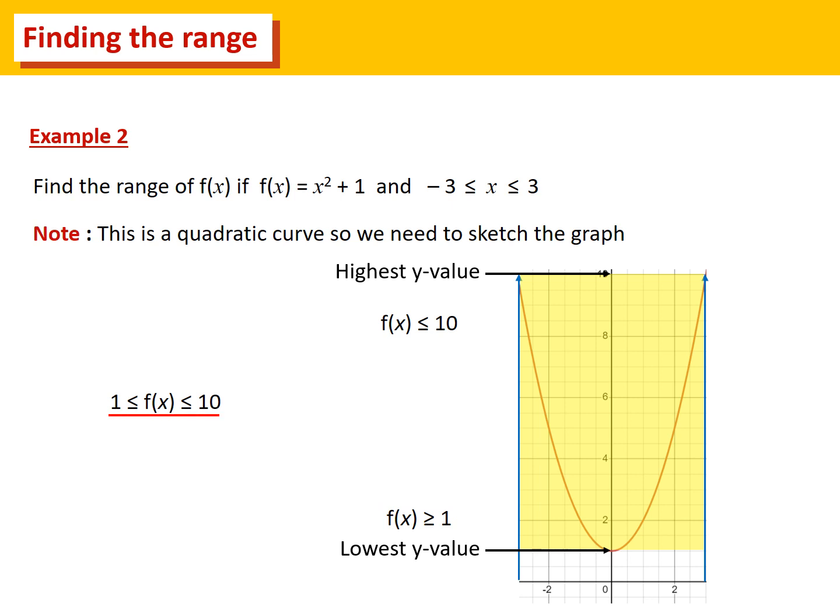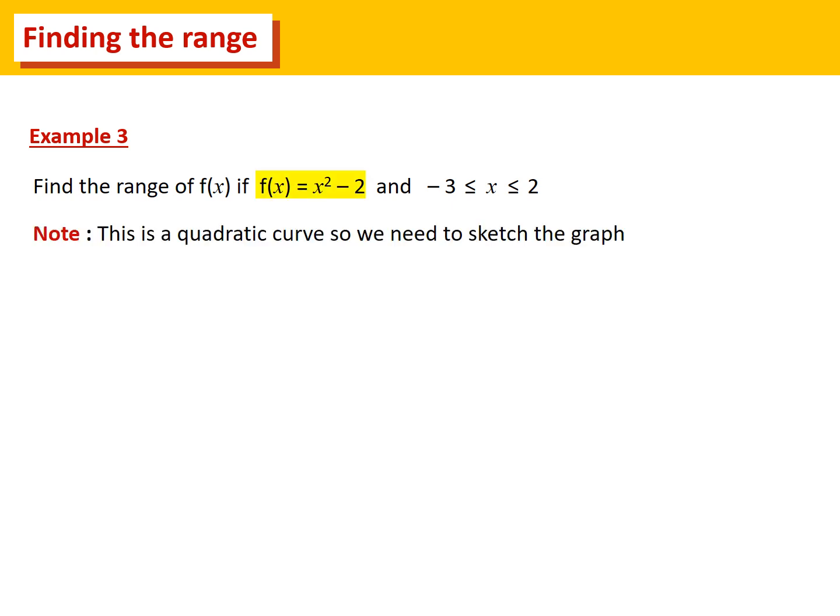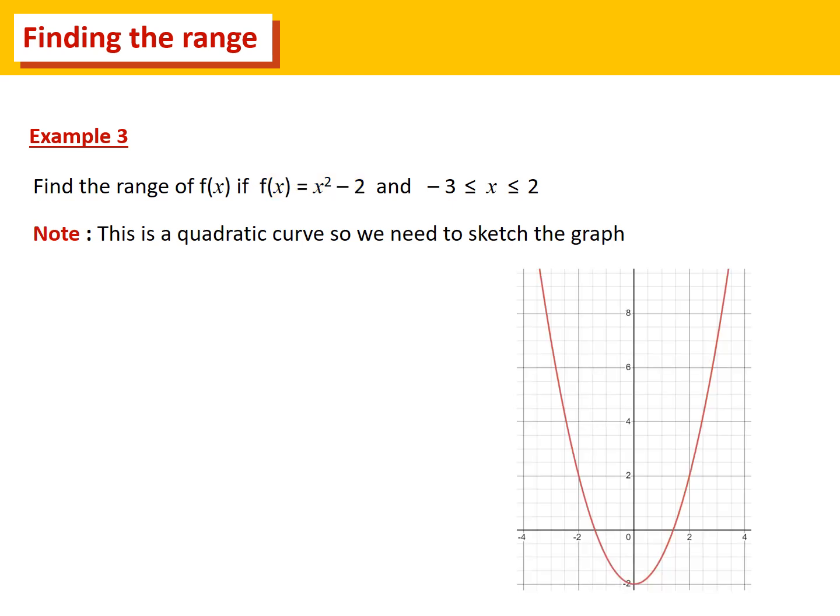Once again, in example 3, have a look at the function. It's a quadratic, so we sketch the graph. It looks like that. We then look at our x values between -3 and 2, and we mark those on. X equals -3 gives us a y value up there.